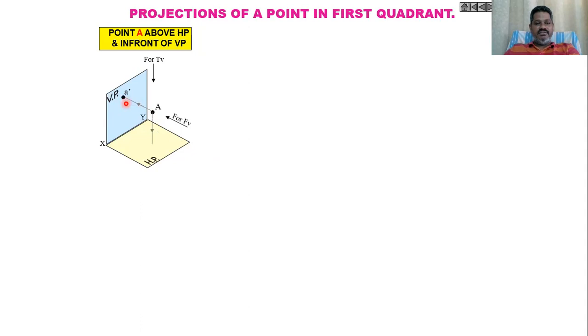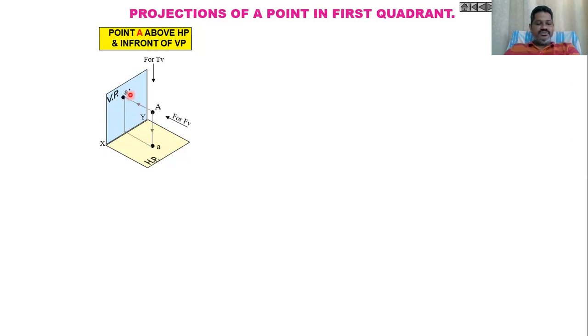Then the point A will be projected onto the HP for the top view, and that needs to be indicated as A. This is A dash, the front view, which lies on the vertical plane. The top view will be A, small a, which lies on the horizontal plane at a certain distance from the vertical plane.